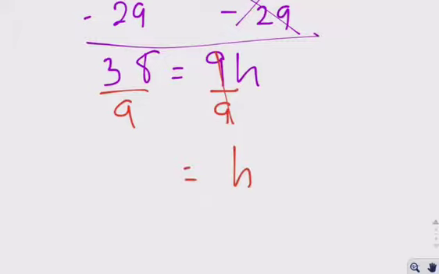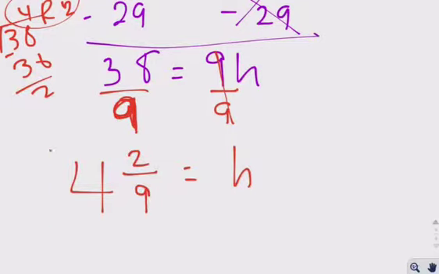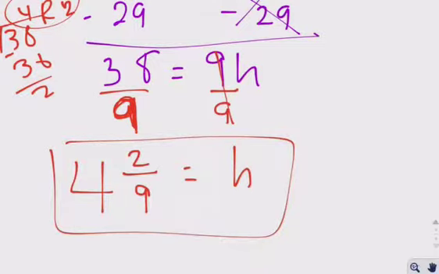H equals 38 divided by 9. 4 times 9 is 36, remainder of 2. That's our answer there. 4 remainder of 2 over this denominator here, 9.